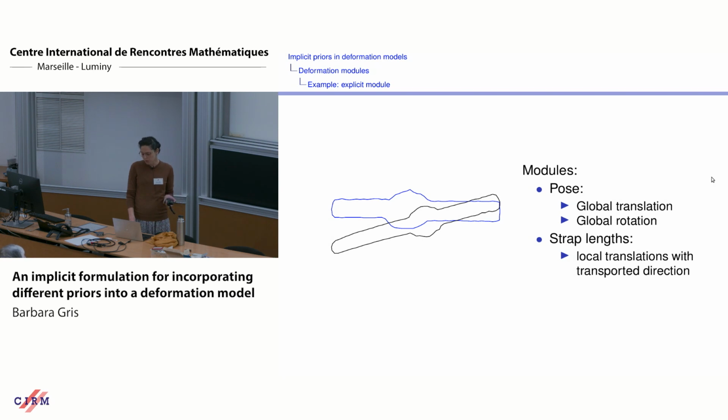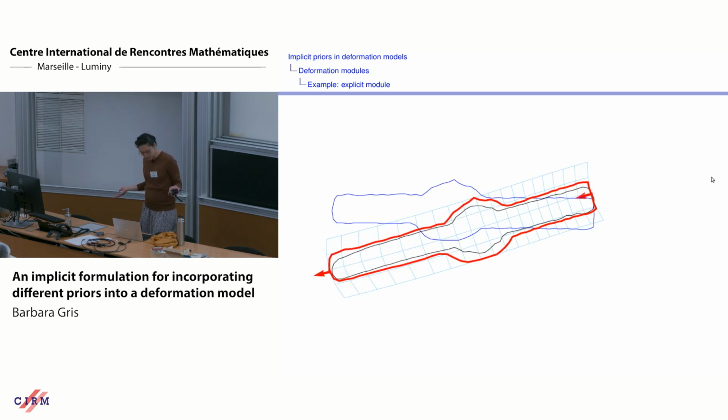We will model it by just local translations, but we enforce that the directions of these local translations are parallel to the strap. So in order to do that, the new geometrical descriptor, so the extension of the shape, is now a combination of points and unit vectors. And we initialize these unit vectors in the direction of the strap of the watch. And we force them to follow the flow because they are part of the geometrical descriptor. So here is the kind of deformation we obtain.